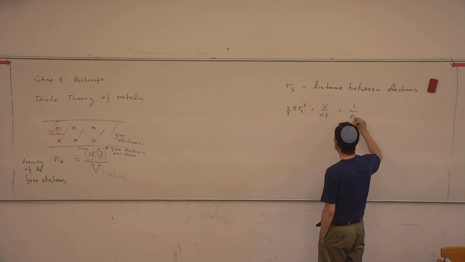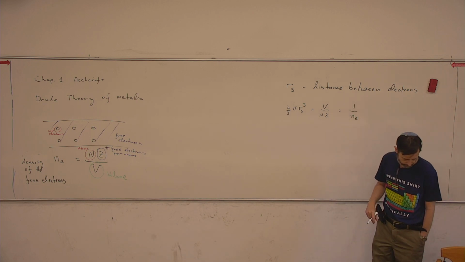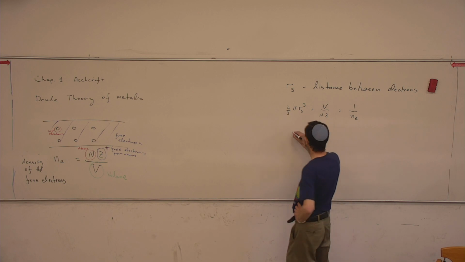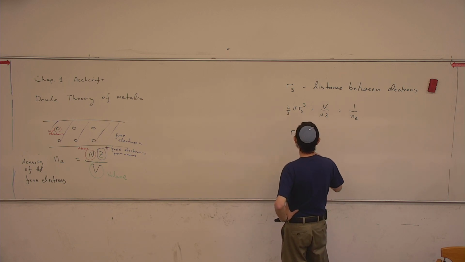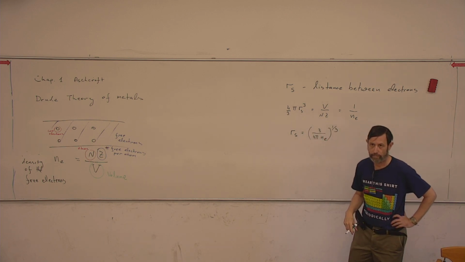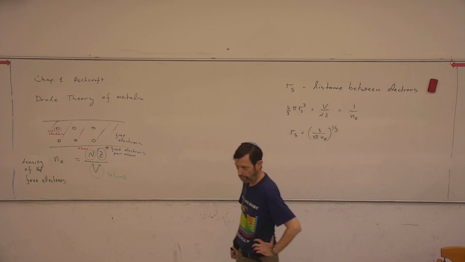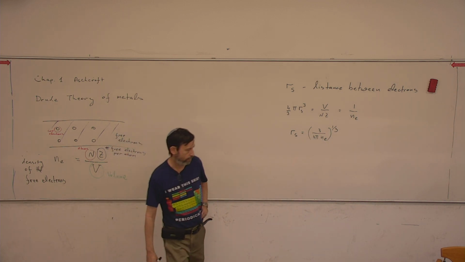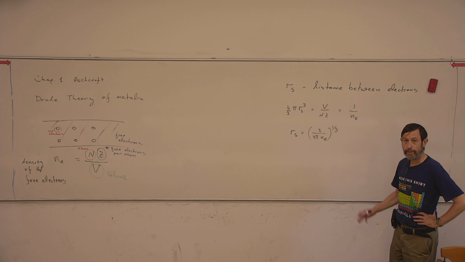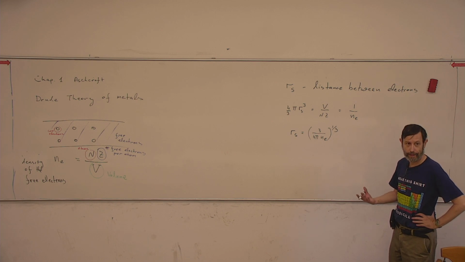So this is 1 over ne. And if you want to pull out rs, something that Drude didn't know, but nowadays we know.